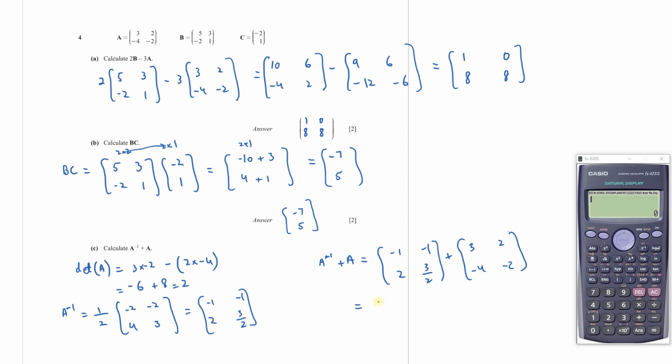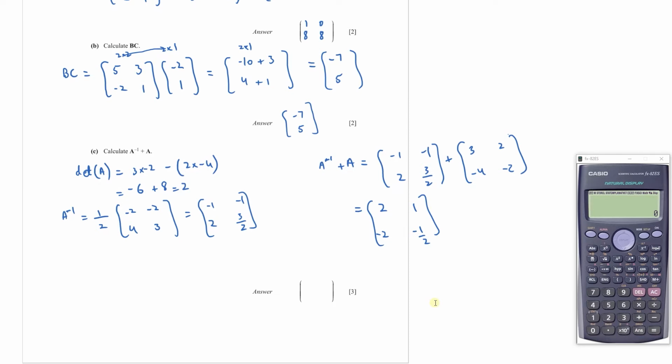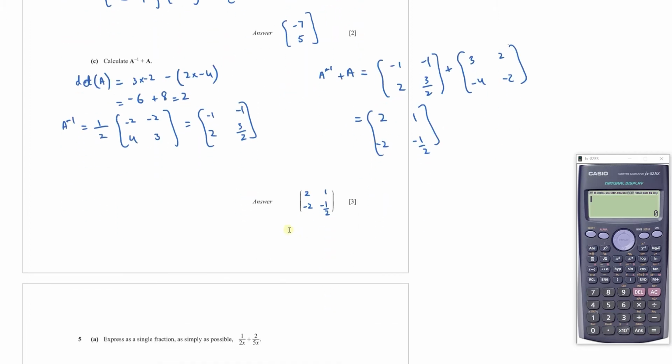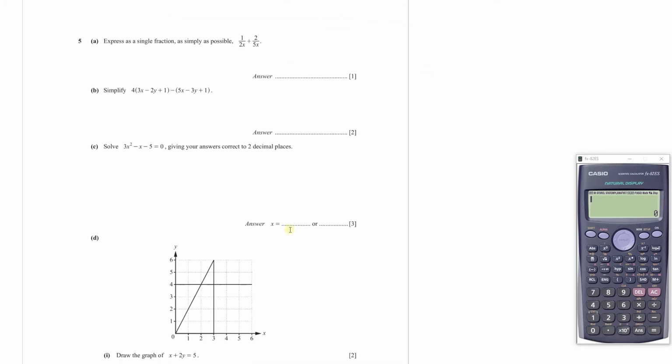So 3 minus 1 will be 2, 2 minus 1 will be 1, 2 minus 4 will be minus 2, and minus 2 plus 3 by 2 will be minus 1 over 2. So this will be your answer, A inverse plus A: 2, 1, minus 2, and minus 1 over 2.